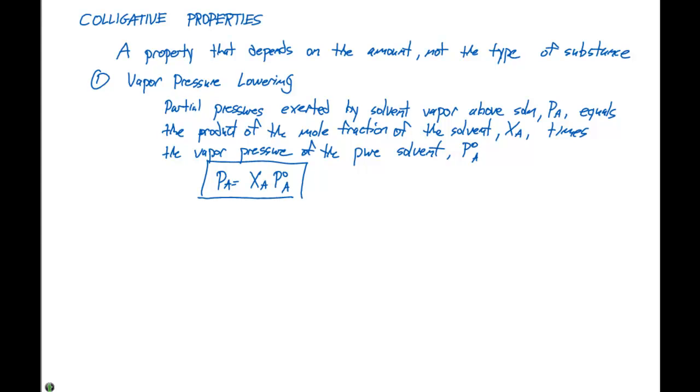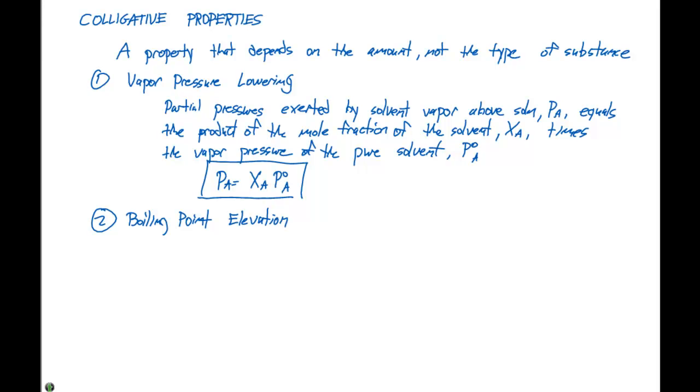And this is the relationship that you can use to solve for a vapor pressure lowering. The second colligative property is boiling point elevation. And at 760 torr, or 1 atmosphere, pure water will boil at 100 degrees Celsius.